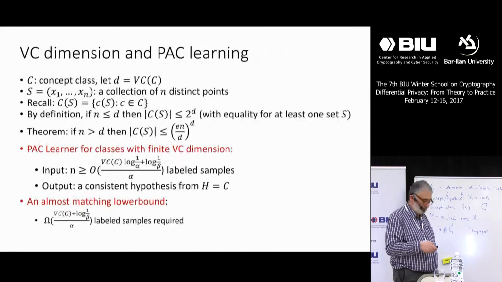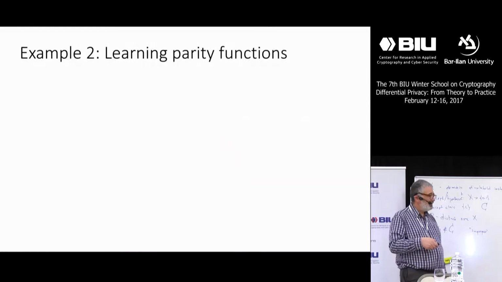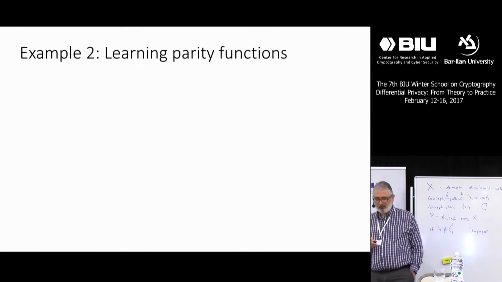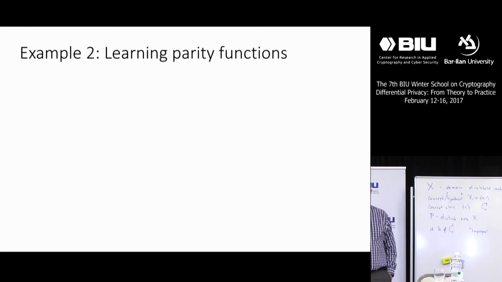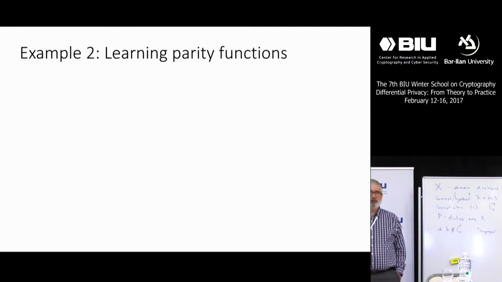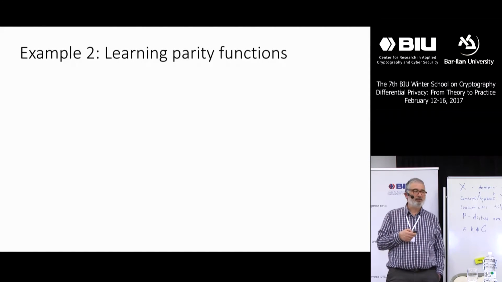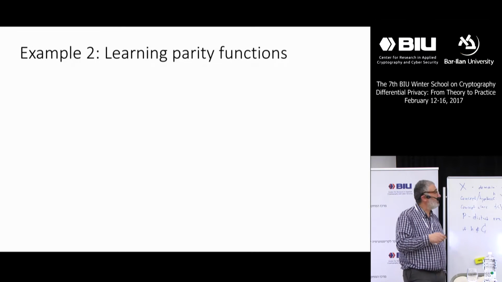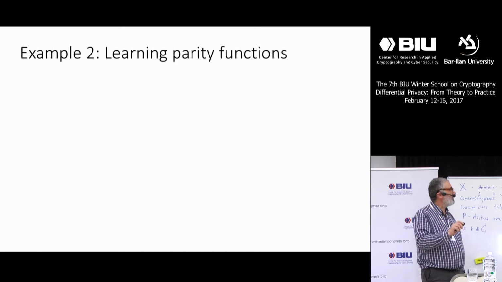Okay, so let's see another example. And these 3 examples that I'm talking about, the points, the thresholds, and the parity function, we'll look at them again soon when we speak about private learners. So we're still with classical non-private learners. Let's see how we can learn the parity function.